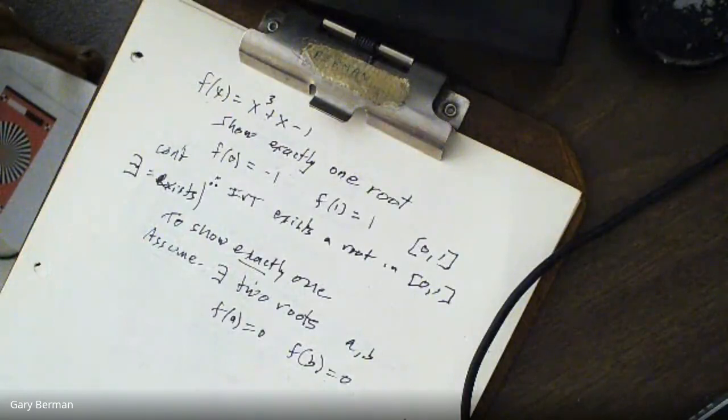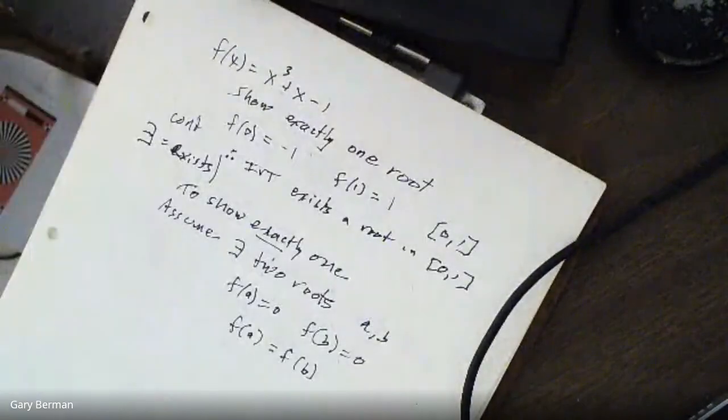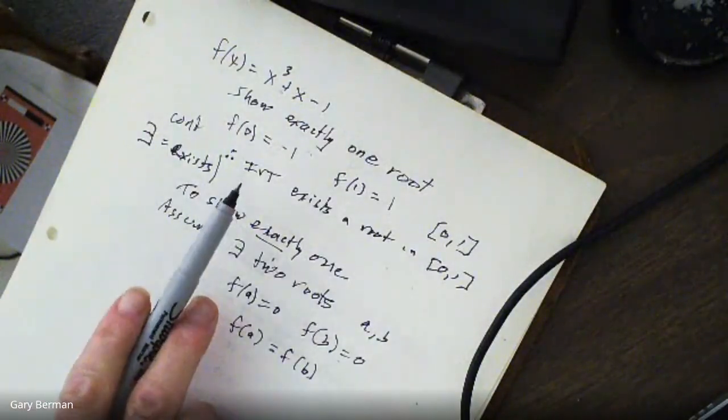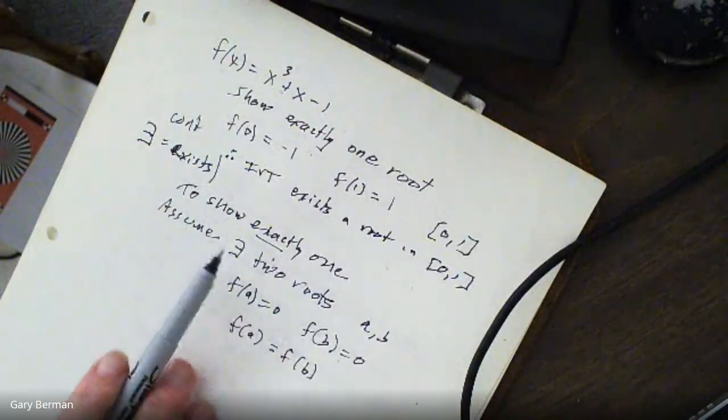Now, this is interesting because that means that I now have a point A and a point B where f of A equals f of B. And we're dealing with a polynomial, and a polynomial is always continuous and always differentiable.